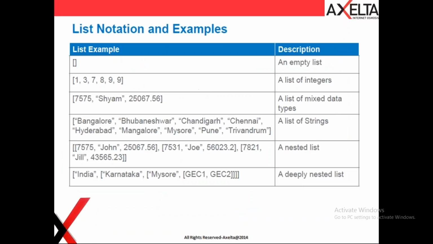So these are some of the notations: an empty list, a list of integers, a list of mixed mode types, next a list of strings. You can have a nested list also, a list within another list, and a deeply nested list also, where in that you can have another list.